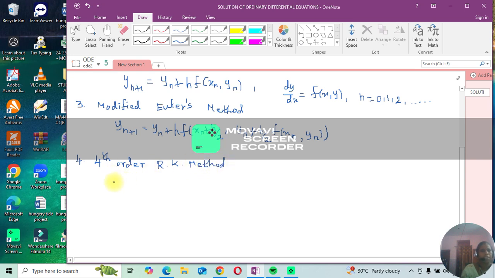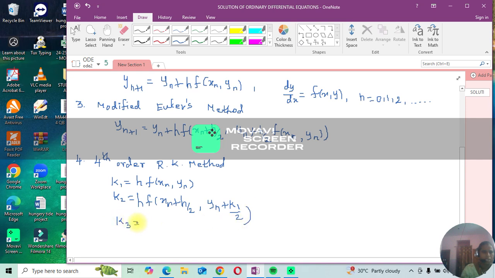In this method we need to find 4 k values. So k1 is nothing but h into f of x(n), y(n), and k2 is h into f of x(n) plus h by 2, y(n) plus k1 by 2. So this is the k2 formula.